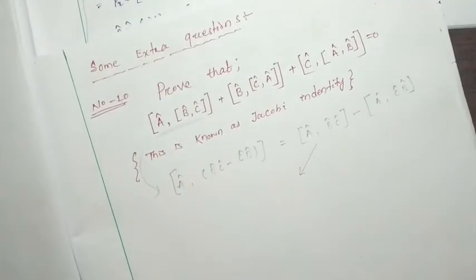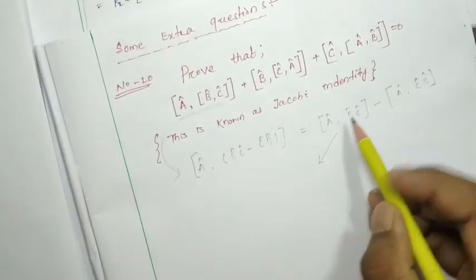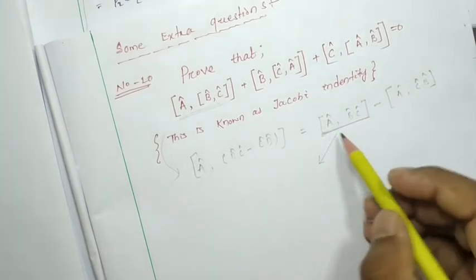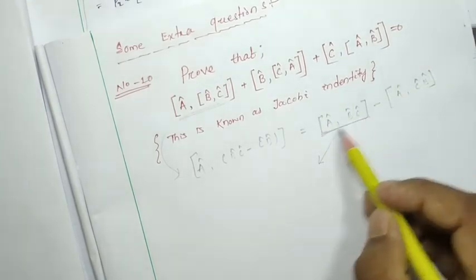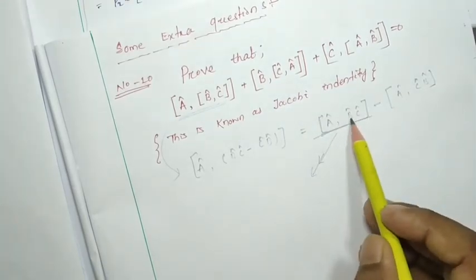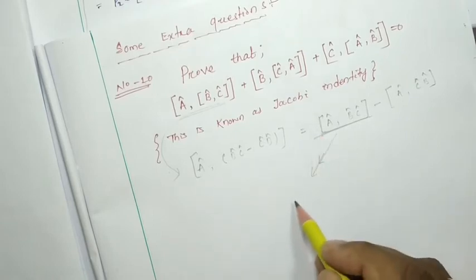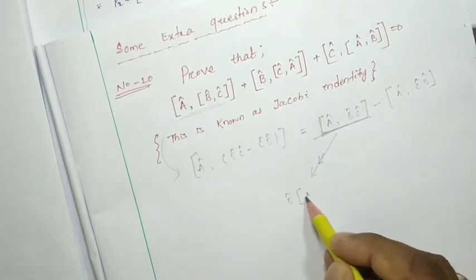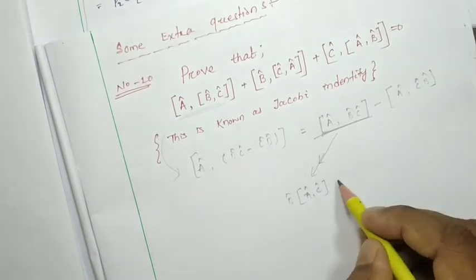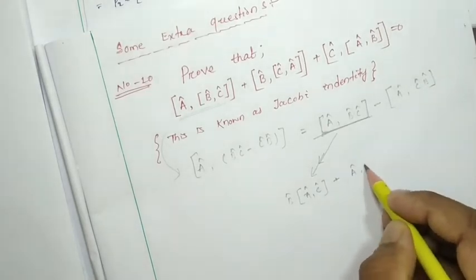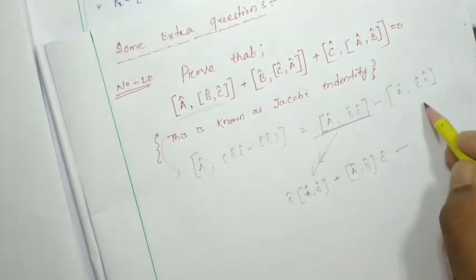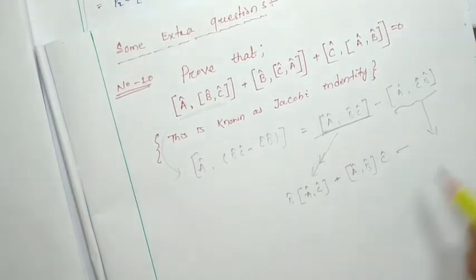How? See, this is one operator, this is another operator. If I segregate or write this out, then how will I write it? b^ will be moved towards the left side: b^a^c^, okay, plus a^b^ and c^, minus the same thing also you have to write.